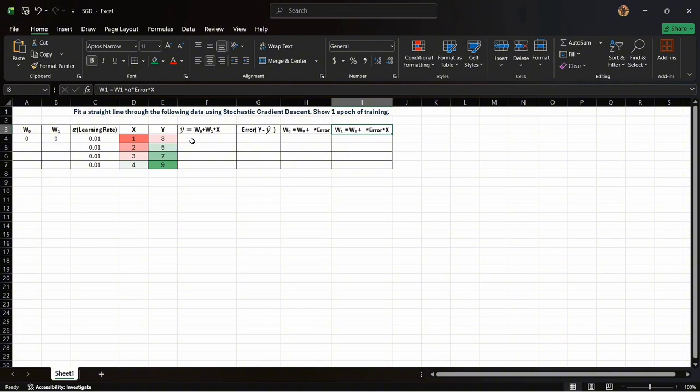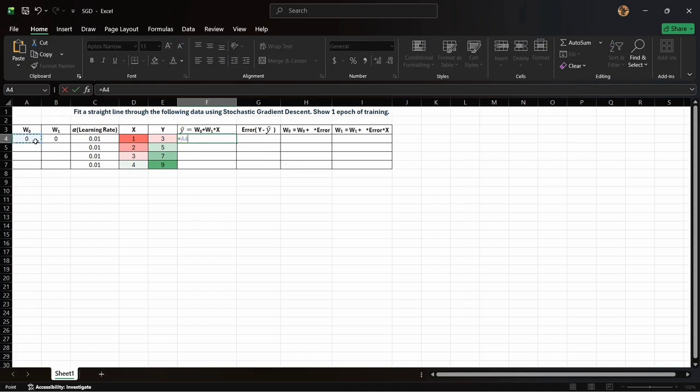Let's calculate the predicted value for the first iteration, which is calculated as w0 plus w1 into x.